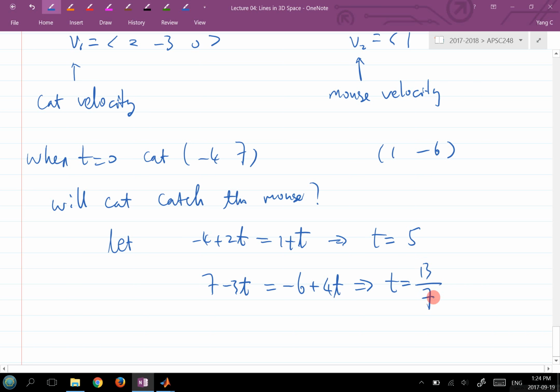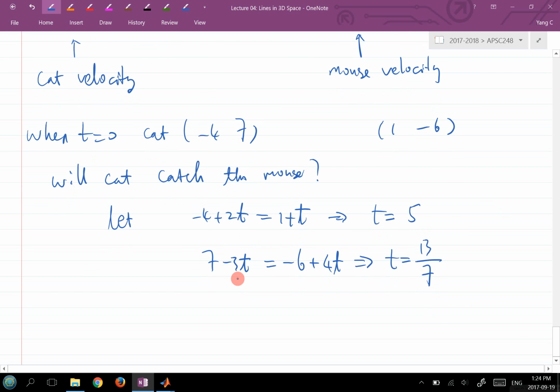So you can immediately see that in order for the first one to be the same, you need t equal to 5, and when you equate the y, you get t equal to 13 over 7. These are not the same. That tells you, will the cat catch the mouse? No, it will not.